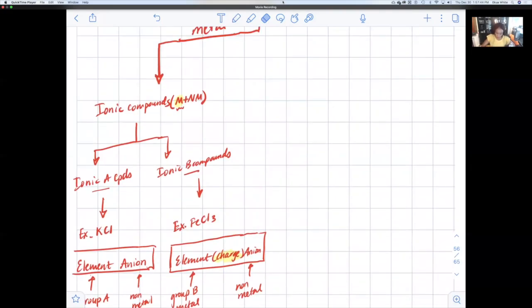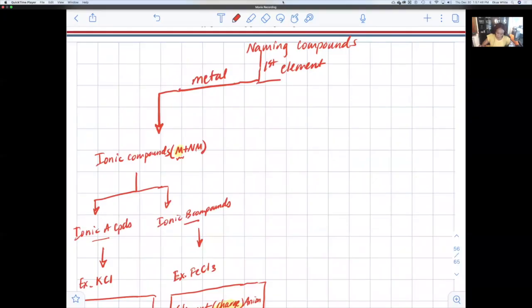So on the right, today we covered a situation where your first element is a non-metal. If the first element is a non-metal, here we have what we call molecular compounds. These are non-metal and non-metal. Remember, the first element, the identifier, is a non-metal.